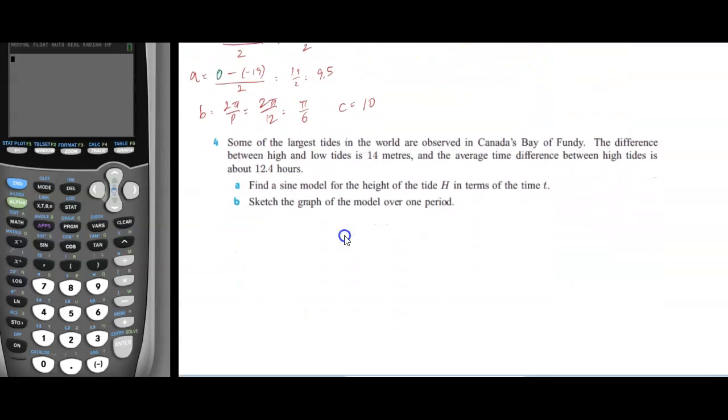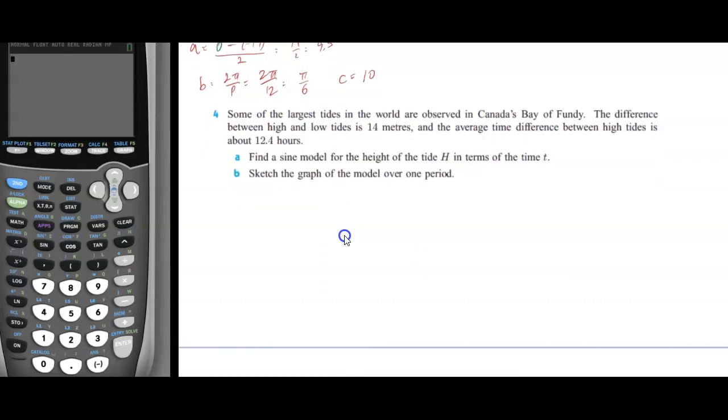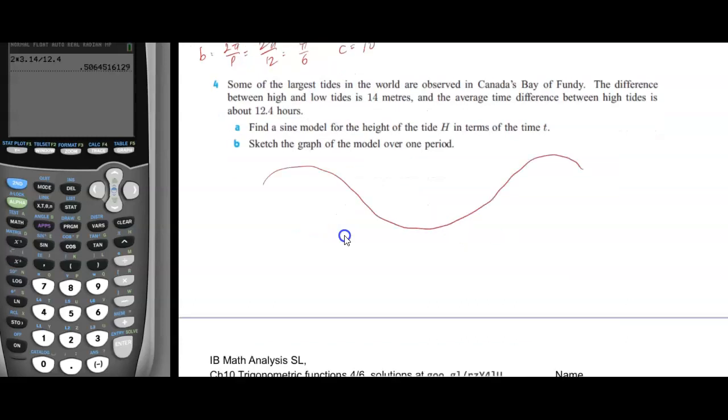Number 4. Some of the largest tides in the world are observed in Canada's Bay of Fundy. The difference between high and low tides is 14 meters, and the average time difference between high tides is about 12.4 hours. They don't provide us with a whole bunch of data here. They just give us some characteristics. I'm going to draw a sketch, and then I'm going to try to write the numbers on the sketch.